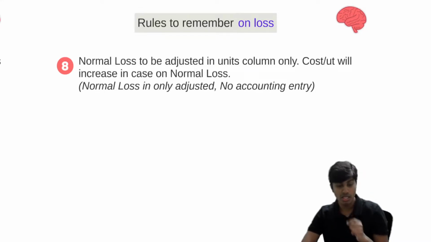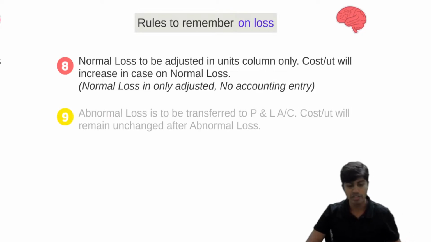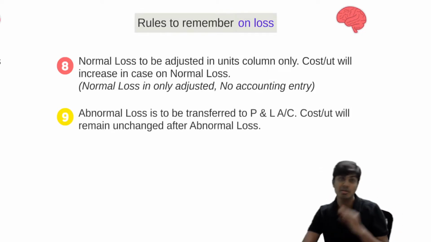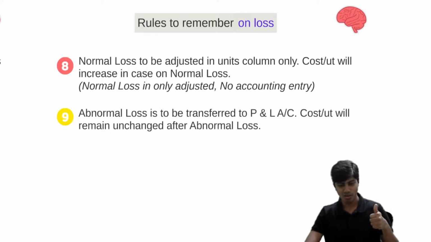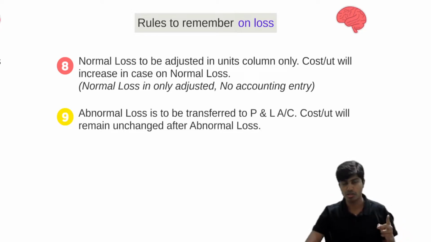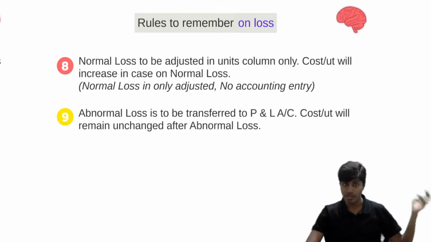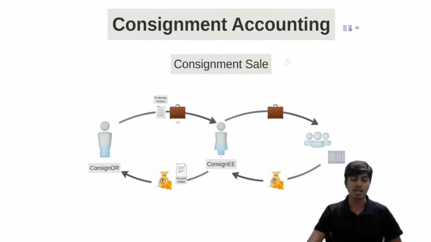Because of this, there is going to be no journal entry for normal loss. On the other hand, abnormal loss will be adjusted in P&L account. Got it? Cost per unit will remain unchanged when there is abnormal loss, whereas cost per unit will increase in the case of normal loss. Are you guys getting it? This is with regard to rules.